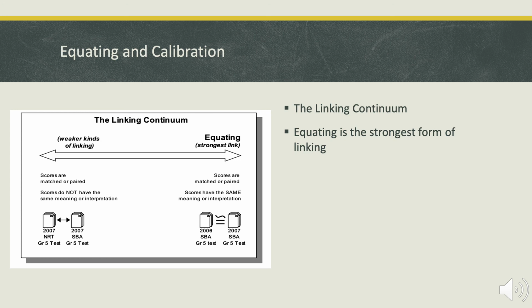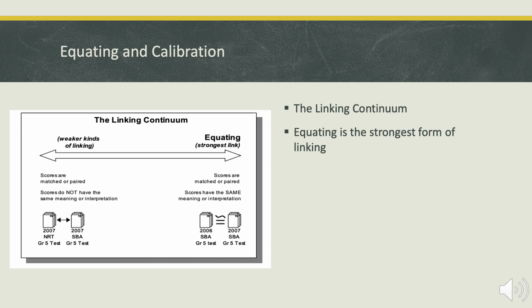That means they have the same mean, variance, reliability, and correlations, and then the tests can be said to be parallel. If test forms were truly parallel, then we wouldn't need equating, but they're going to differ somewhat. So we have to take into account that they could be a little bit different, and that's why we need to equate.